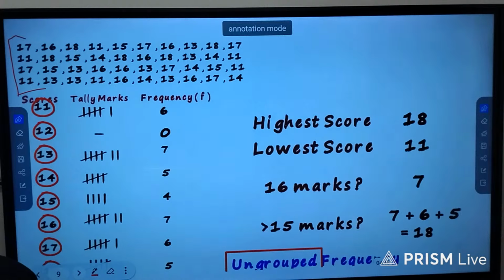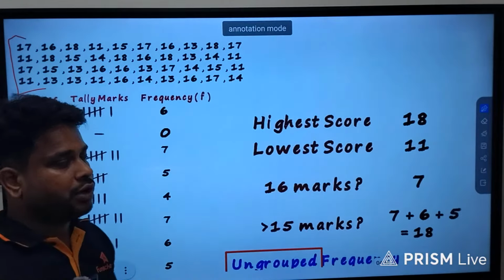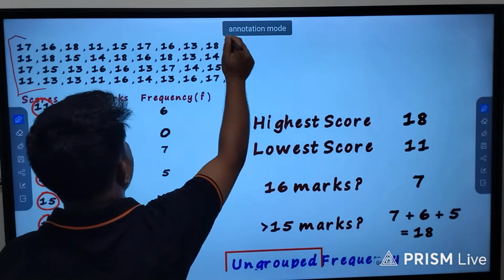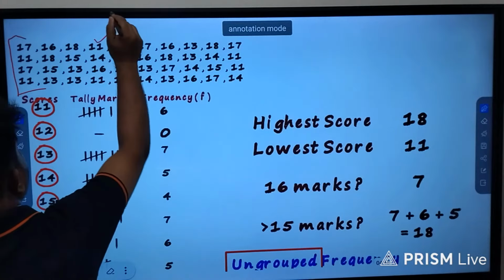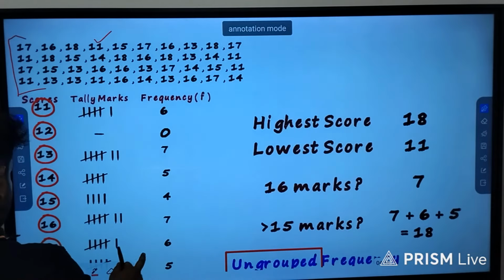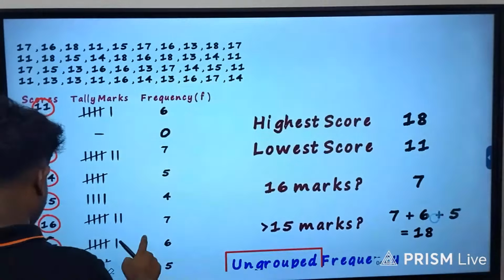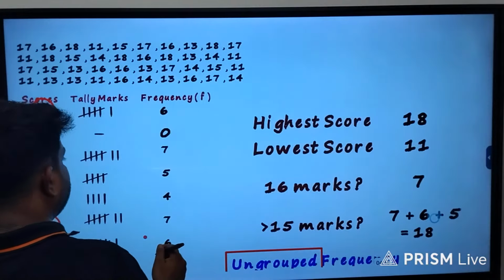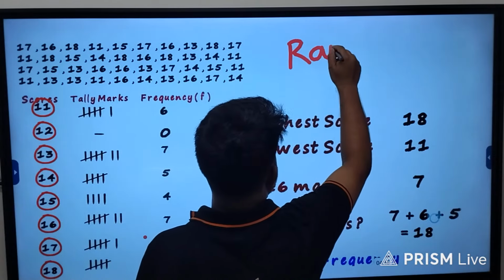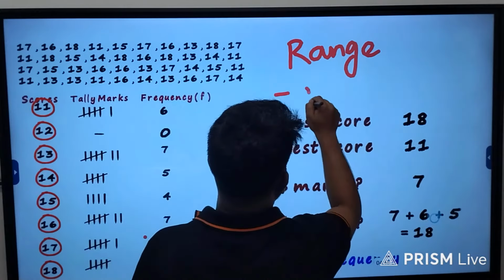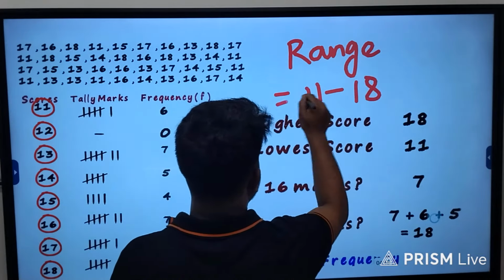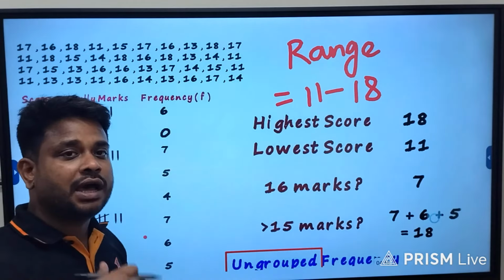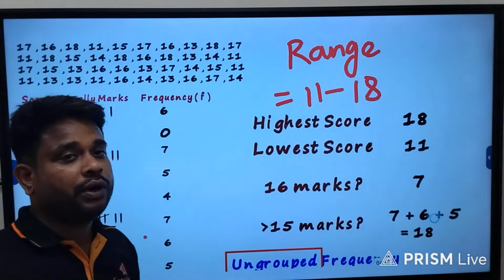From this data, if we arrange them in ascending order, which they haven't done here, it will start from 11 and go up to 18. So the range of this given data will be 11 to 18. How many times a number is repeating will be called the frequency.